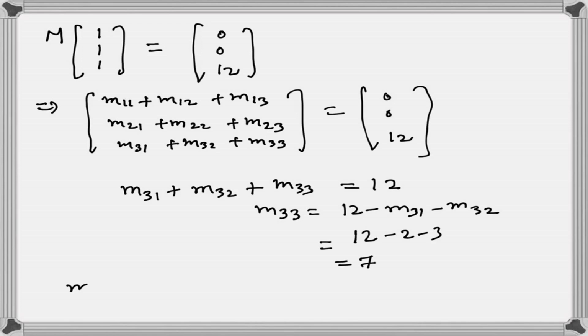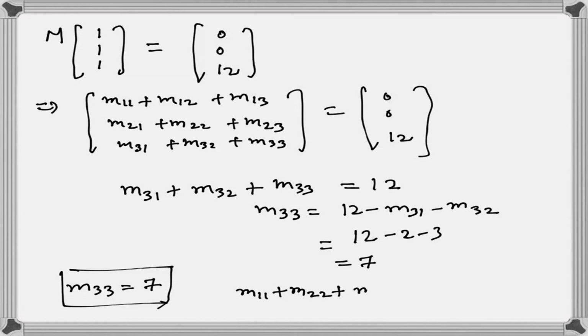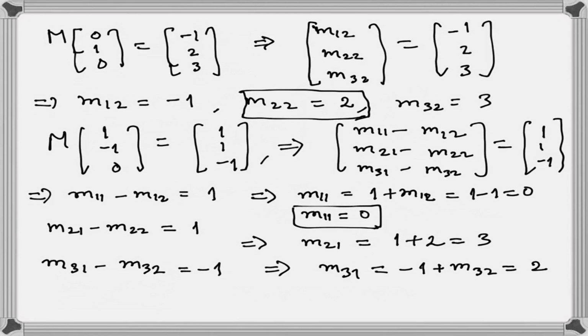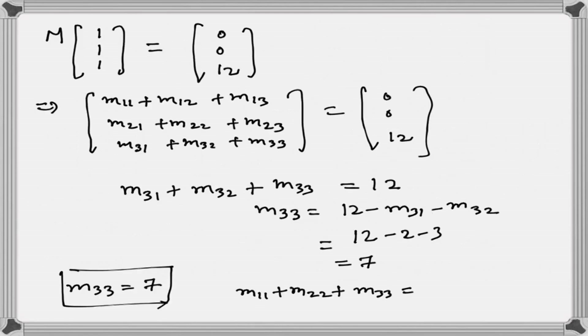So we get M33 as 7. This means M11 plus M22 plus M33 is, if I remember correctly, M11 was 0 and M22 was 2. So 0 plus 2 plus 7 is equal to 9. So this is the final answer.